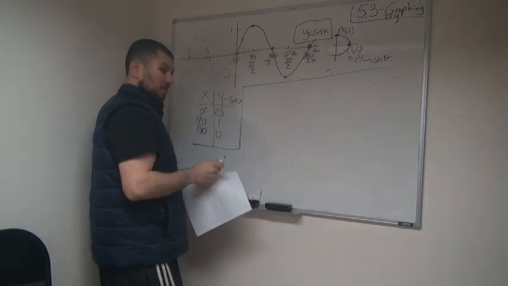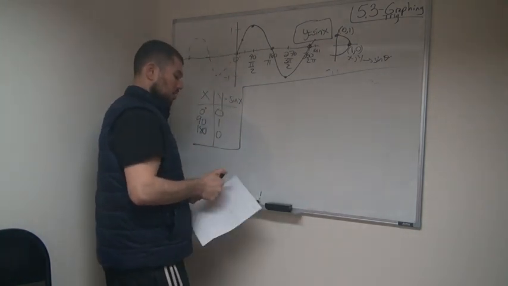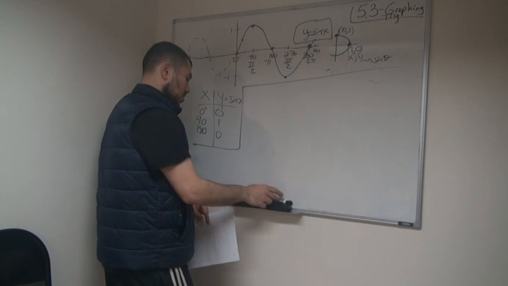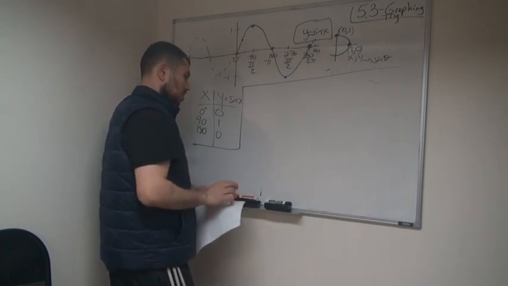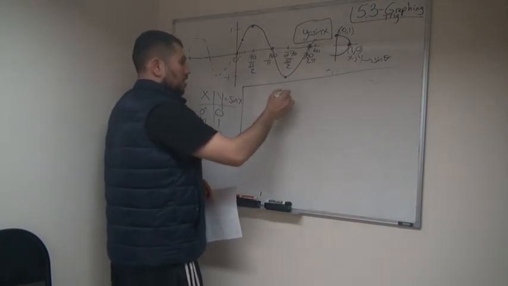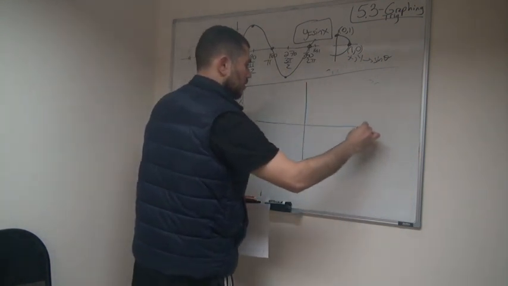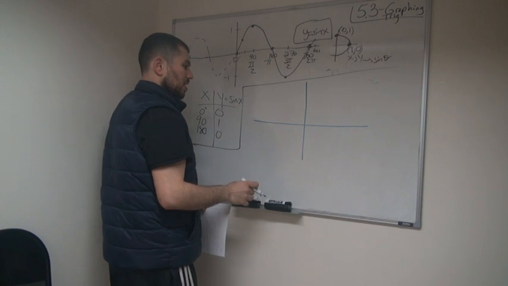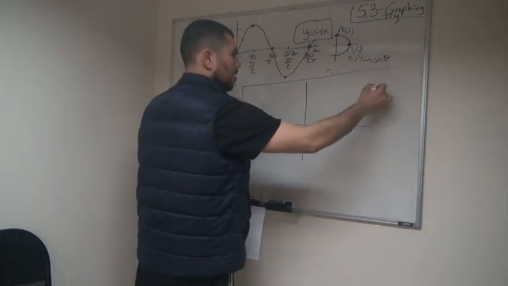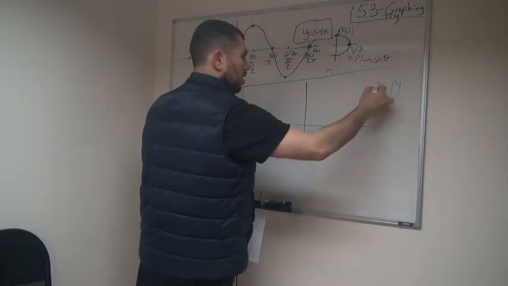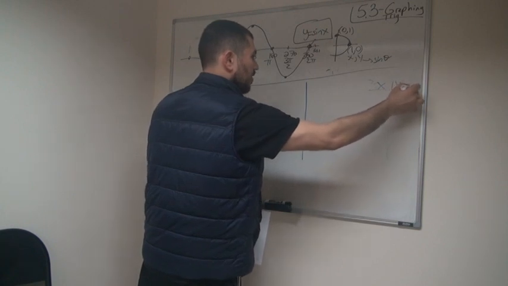Let's do cosine of x in another color. If I wanted the cosine of x function and I had no idea where to start, you can start by making an xy table, where y is the cosine of x.